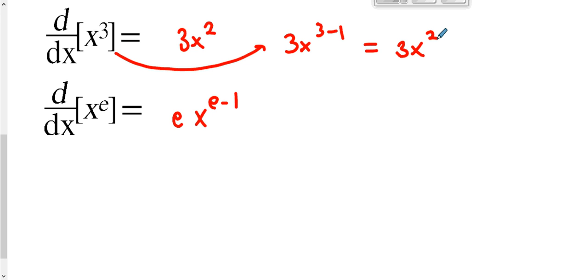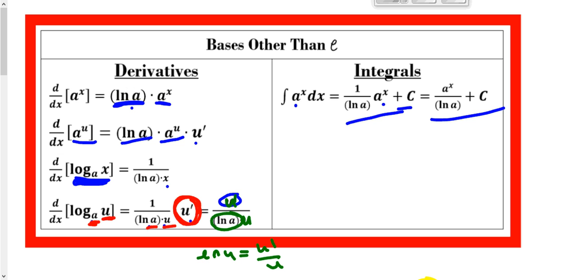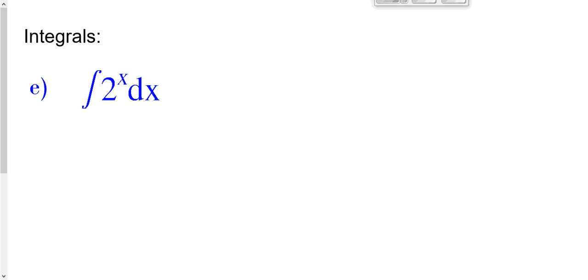Then I know this video is getting long, but there's like a minute left. The integrals are so easy because there's also only one formula. So there's only one thing that you need to be able to integrate. The integral of 2 to the x dx. Well, when we integrate an exponential, it's just going to be 1 over ln of that number and then multiply by whatever that is.